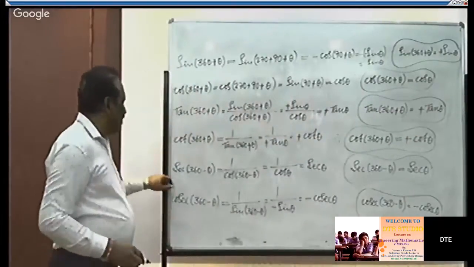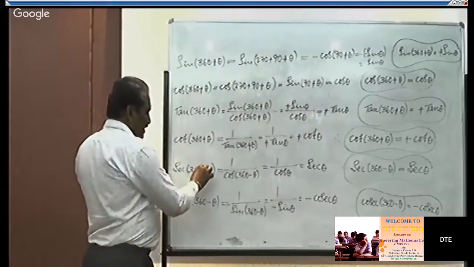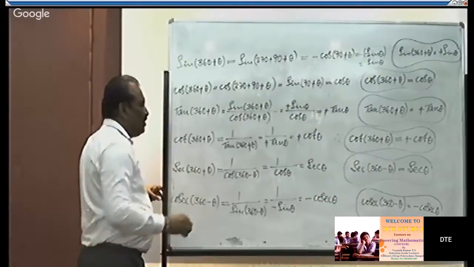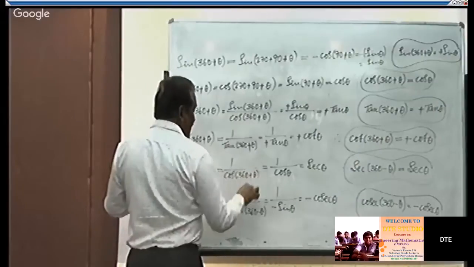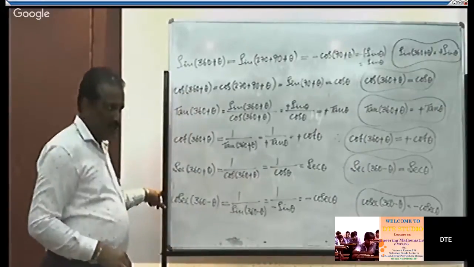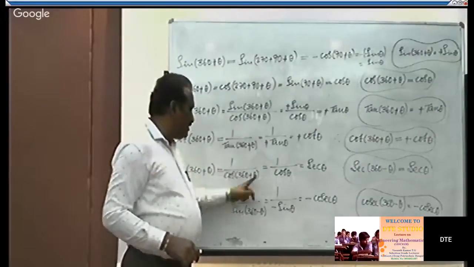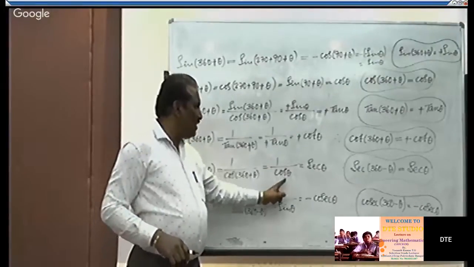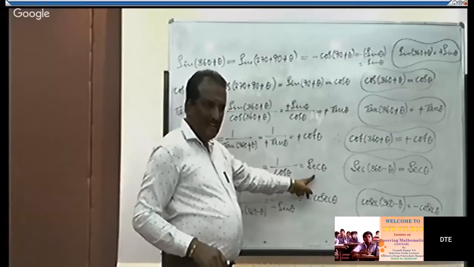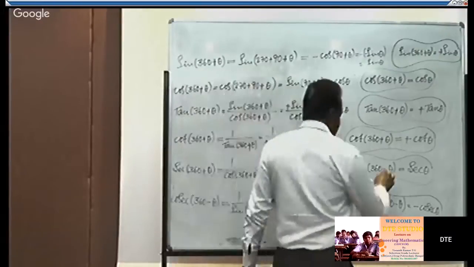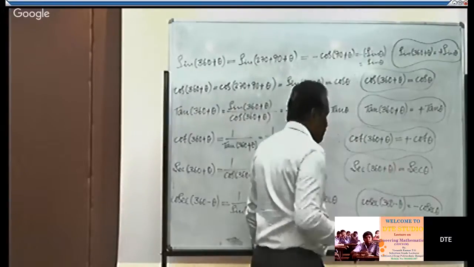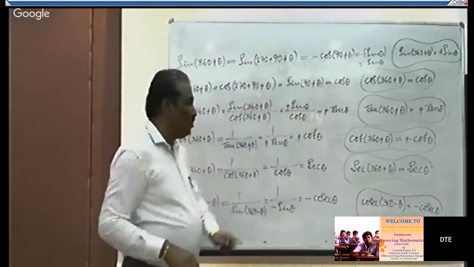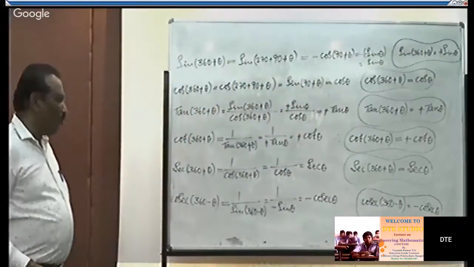Now, secant of 360 plus theta, we can write as 1 by cos of 360 plus theta. We proved cos of 360 plus theta is cos theta, and 1 by cos theta is secant theta. Thus, secant of 360 plus theta is equal to secant theta only.